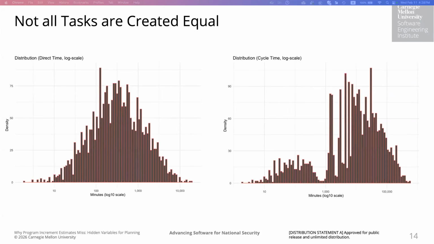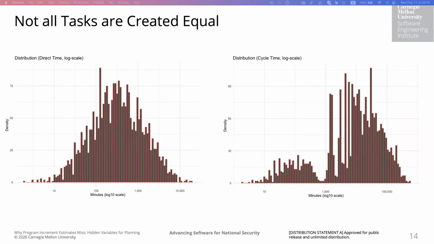The next thing we did is that we decided to plot all of this, because we did see that the medium-sized tasks are disproportionately affected by the interrupt times. So it actually led us to think about the variation in task duration, right? So what we can see over here on the left side, the distribution of the direct time follows a very nice log normal distribution.